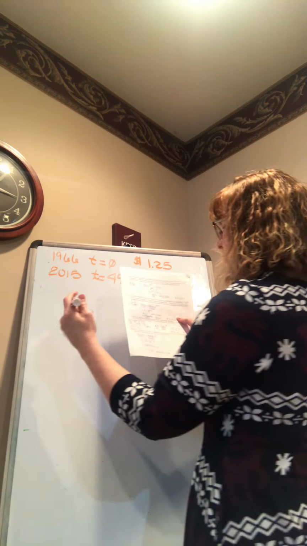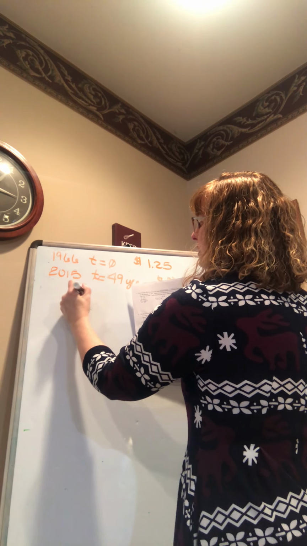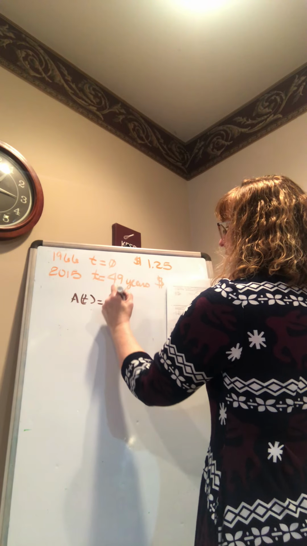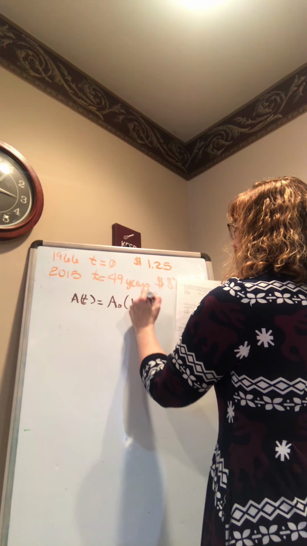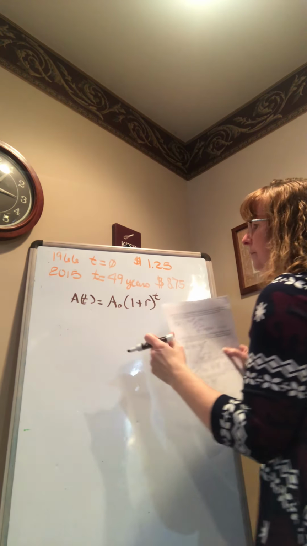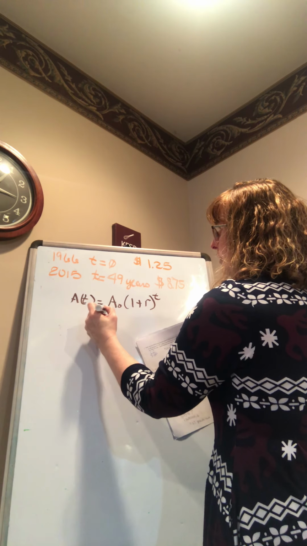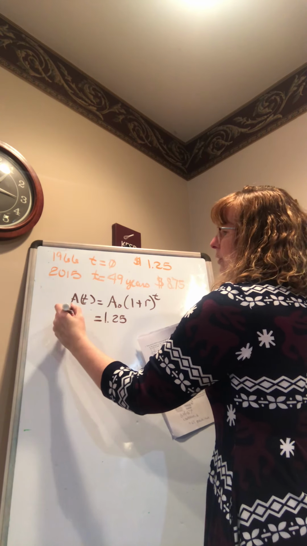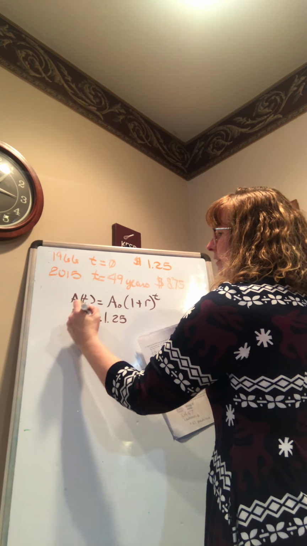So we are going to be using the amount over time is equal to the initial amount times 1 plus the rate raised up to the time. So the original amount was $1.25. The new amount was $8.75.